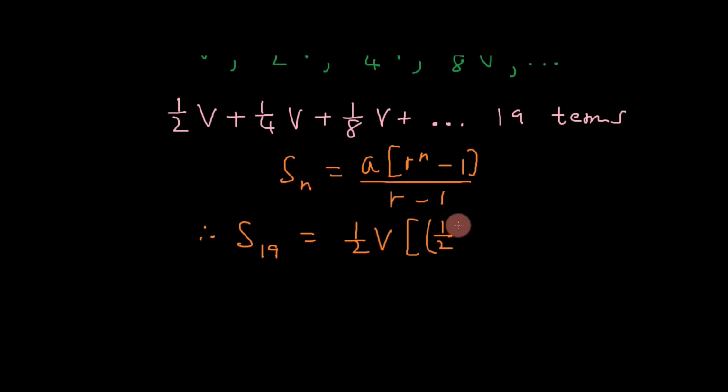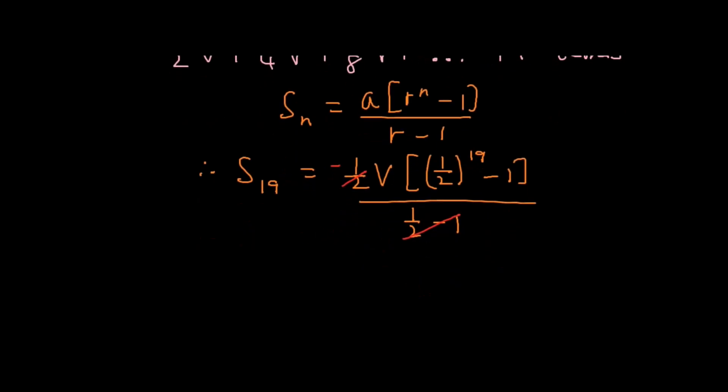So a half to the 19 minus 1 all over a half minus 1. We can simplify this. A half minus 1 is minus a half. So it cancels into the half here and we're left with a negative. So then we have negative V into a half to the 19 minus 1.